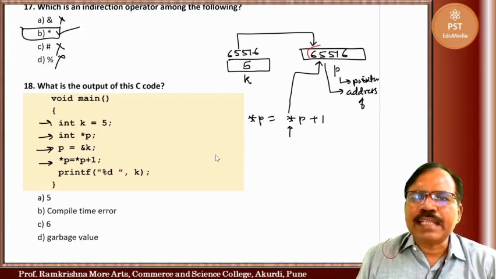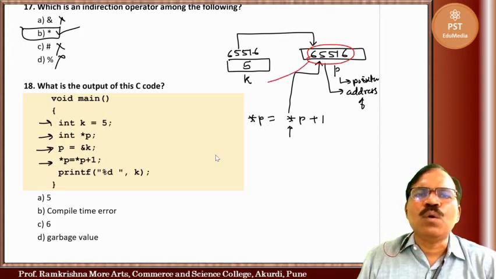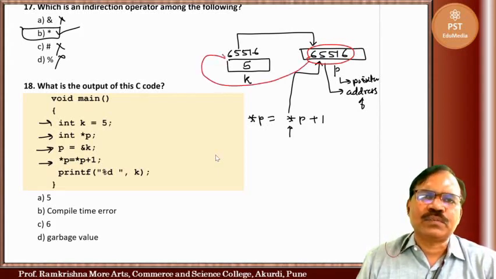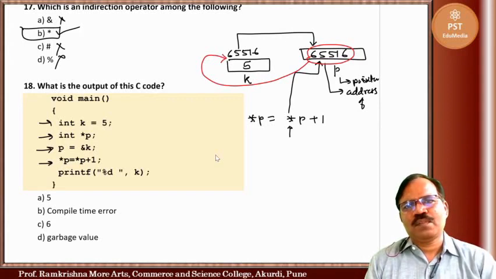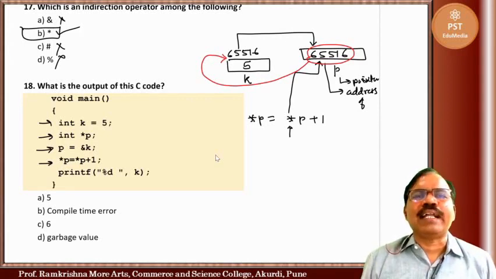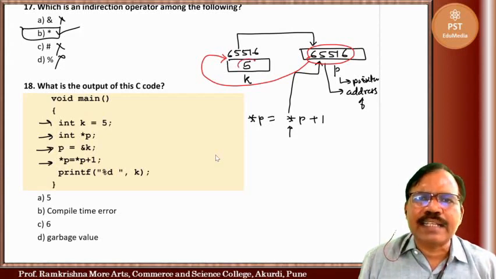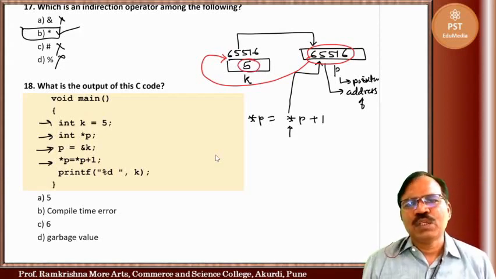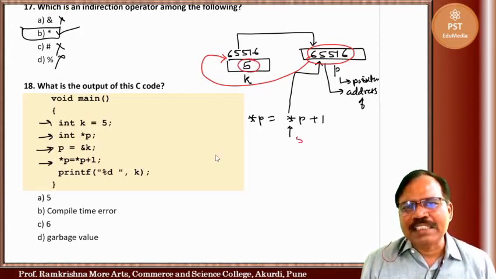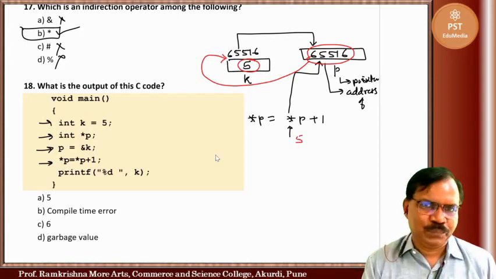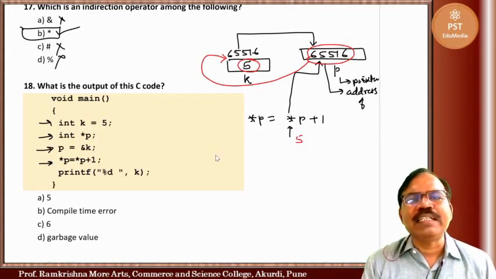It takes the address from p and goes to that address, and then takes the value at that address, the content at that address. So *p is 5.